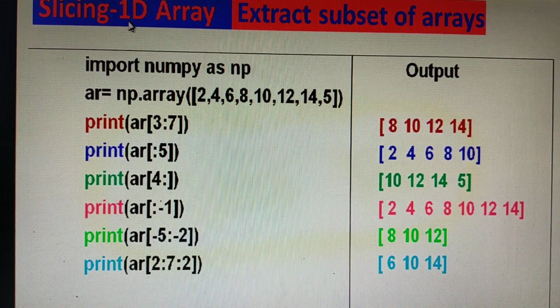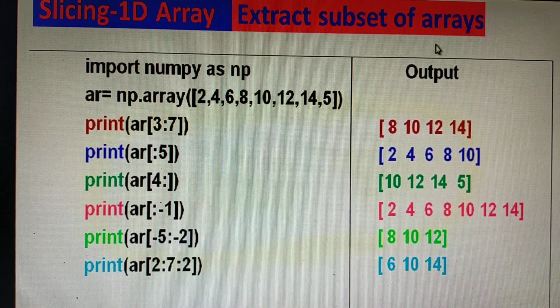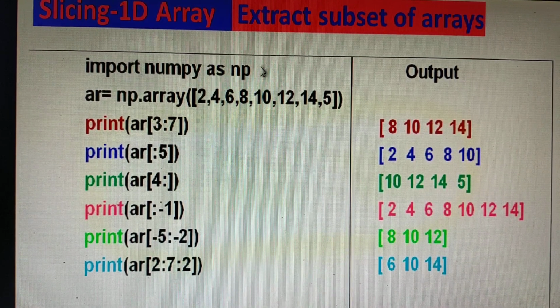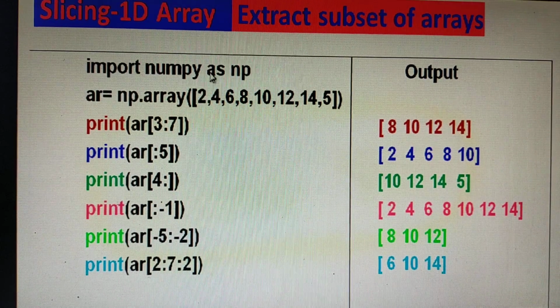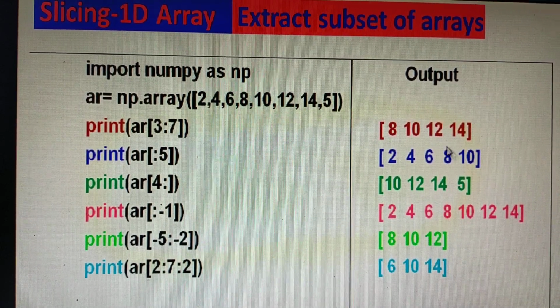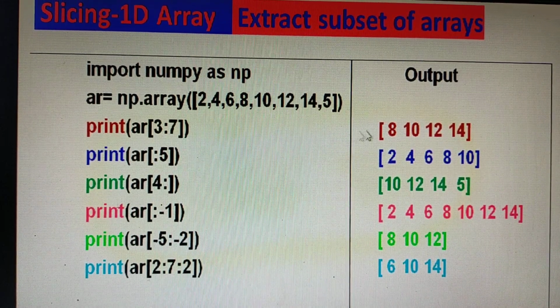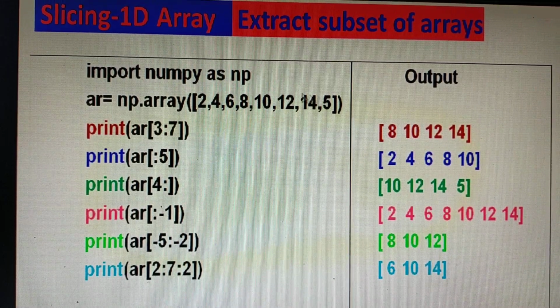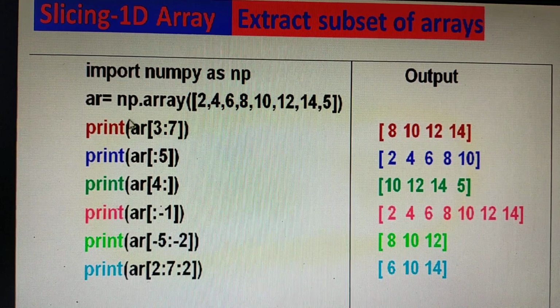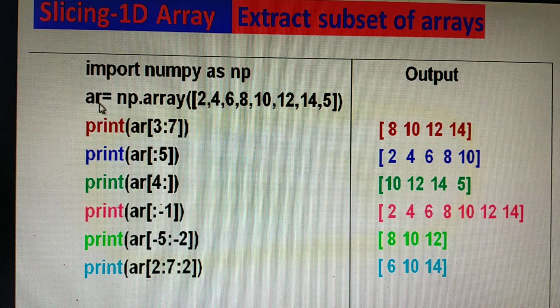Now slicing of a 1D array, that is, extracting a subset of the array. In previous slides we learned how any one element can be accessed, but now we have to know how a subset or a range of data can be accessed from the array. This is the array named AR.